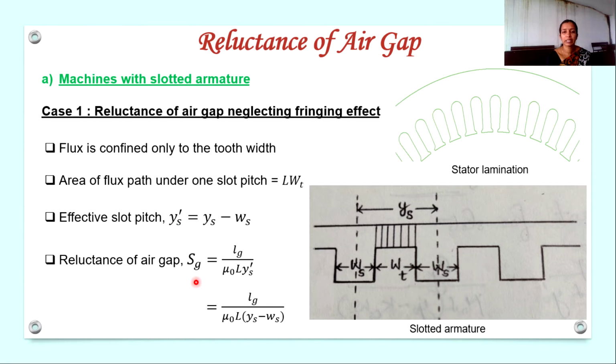Now we have to calculate the reluctance of the air gap in this case, which is the same as Lg divided by mu 0 into A, the area of the flux path under one slot pitch. In the previous case we have seen it as Ys into L, the axial length of the machine into Ys. I have explained it there.